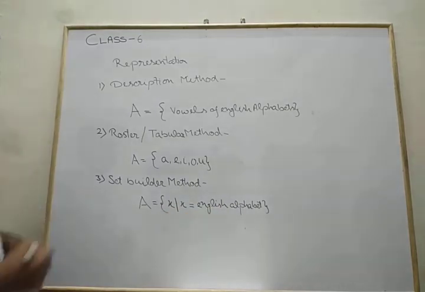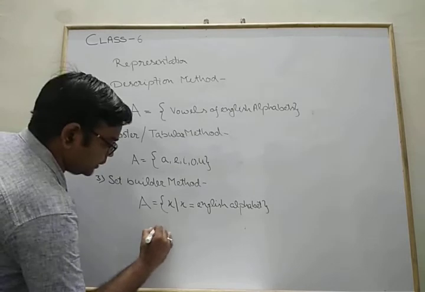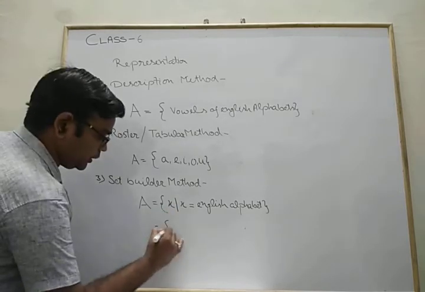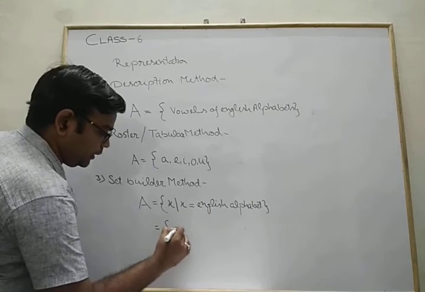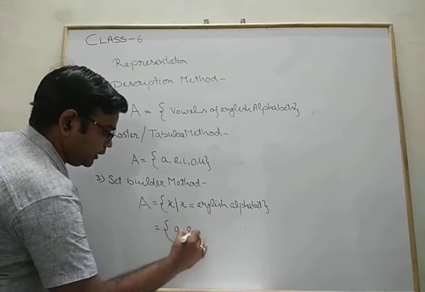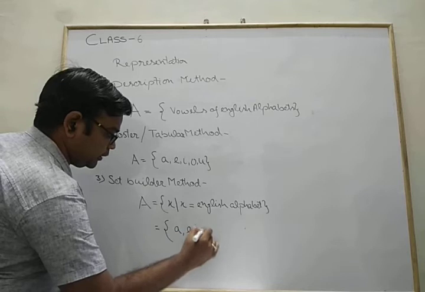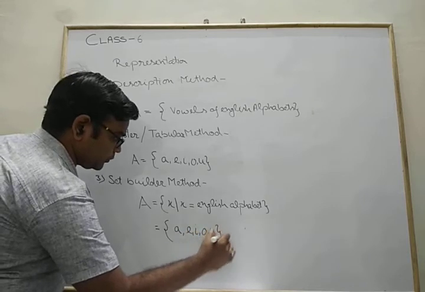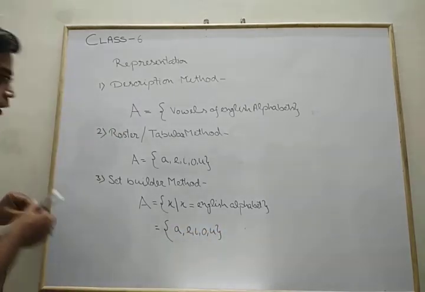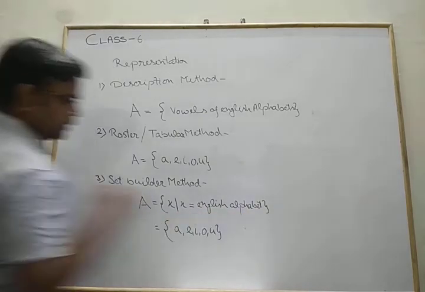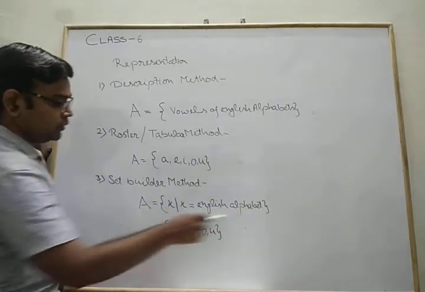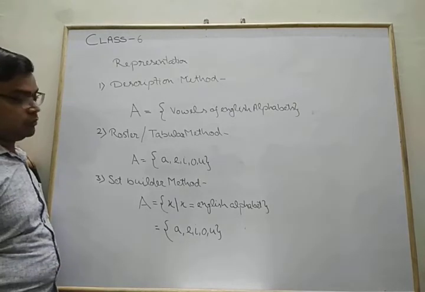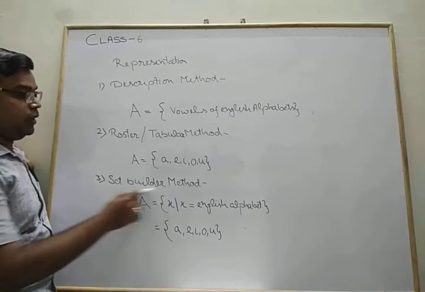So x is a variable, an unknown quantity. So x means what? It's an English alphabet. How many English alphabets do we have? First A, then E, then I, then O, then U. So this statement is the descriptive method for representing a set, known as the set builder method.